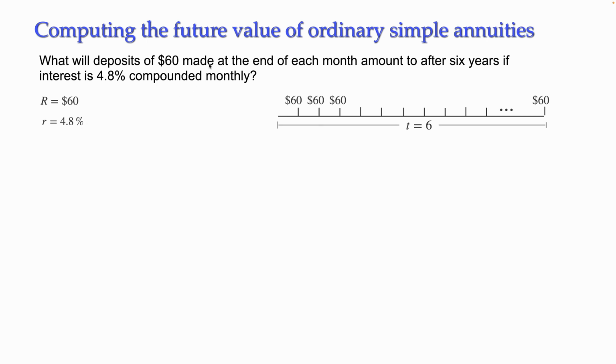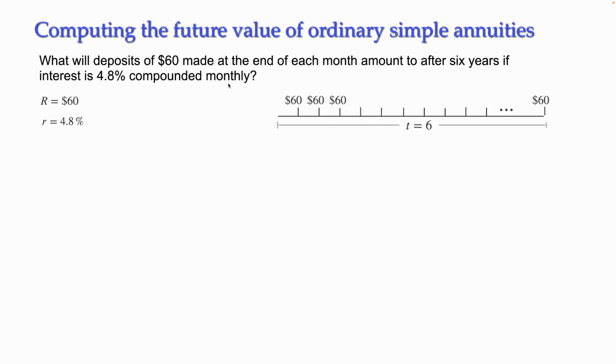So you know two things here: the payments are made at the end of each month, so the payment period is a month, and the conversion period is also a month because the interest is compounded monthly. So this is an ordinary annuity because the payments are at the end, and it's also a simple annuity because the payment interval is equal to the conversion interval.